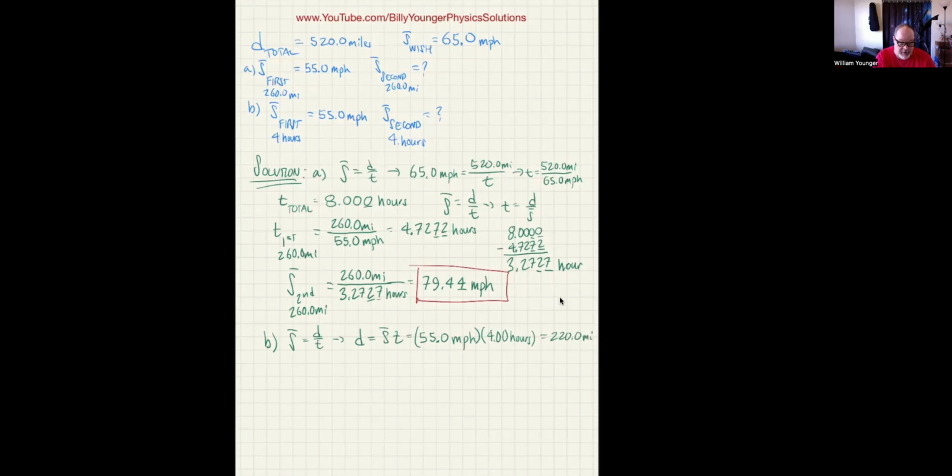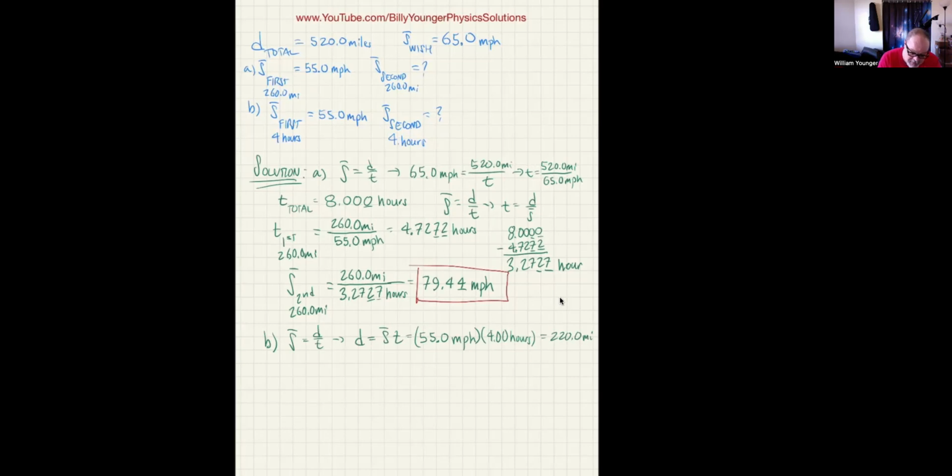Now the total trip actually has to be 520 miles. So I need to do the remaining miles, which of course is 520 minus 220, which is 300 miles. I need to do that in the remaining 4 hours because, as we said before, to average 65 miles per hour, you have to do 520 miles in 8 hours.